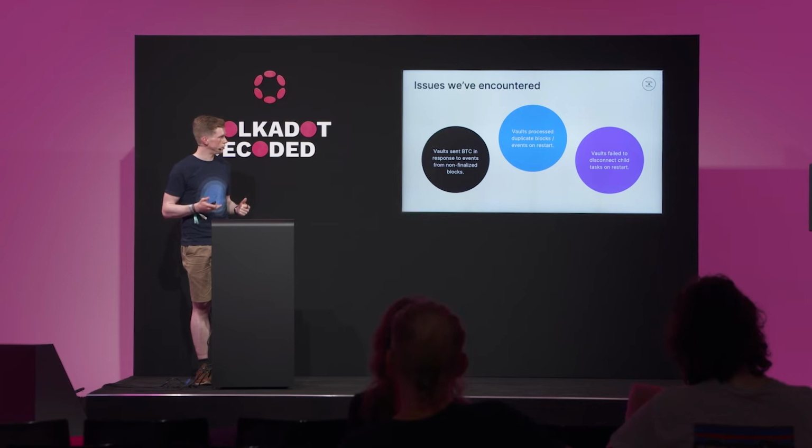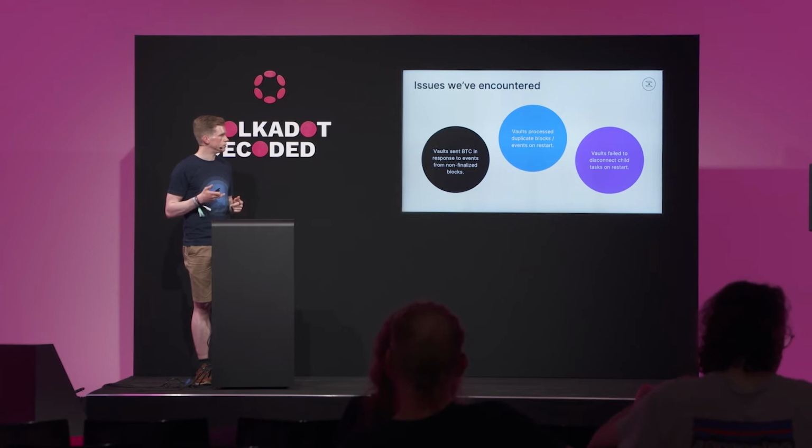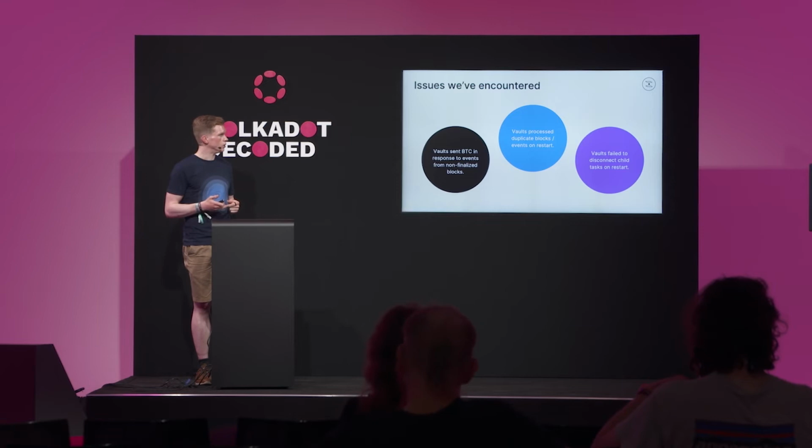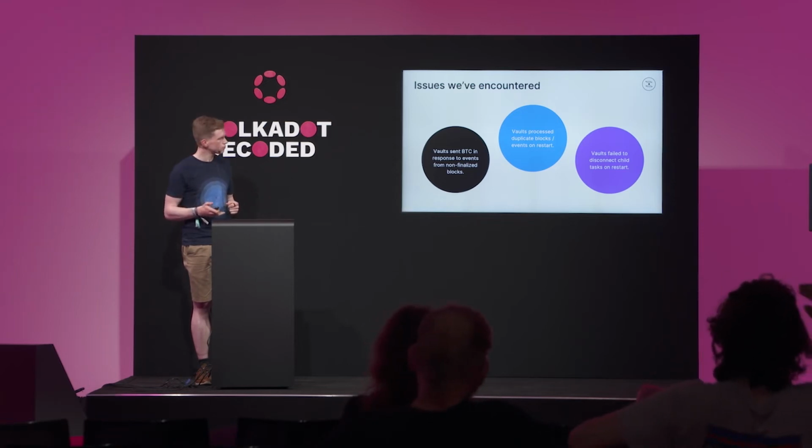And one of the things I should have mentioned with the Vault client is it is stateless. So it's based on data it reads from the parachain and the Bitcoin network. We're looking into changing that, but this we decided to. I think we always wait for the next block now in order to keep processing. But this was one of the main issues we faced early on.